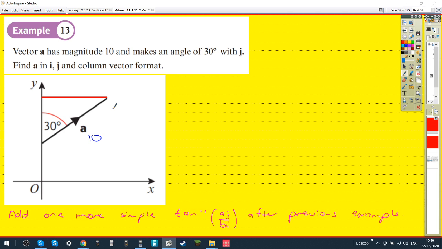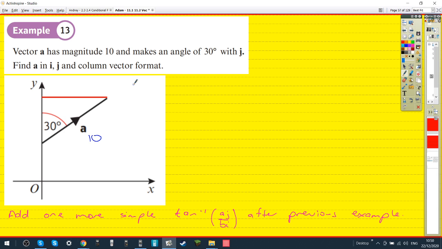Would you use CAH? Let's see. Okay, yeah. What would you get? You just get cos 30 multiplied by 10. Yep.